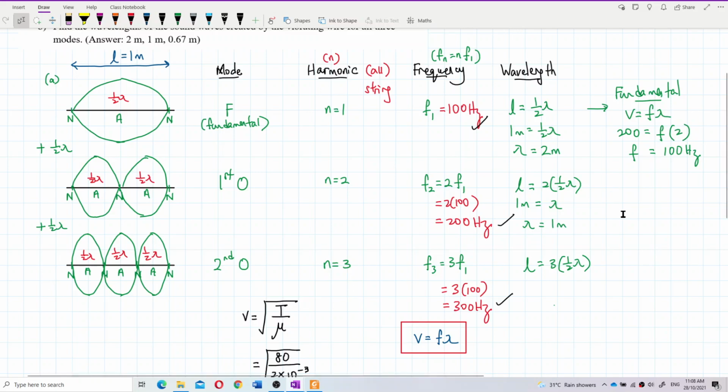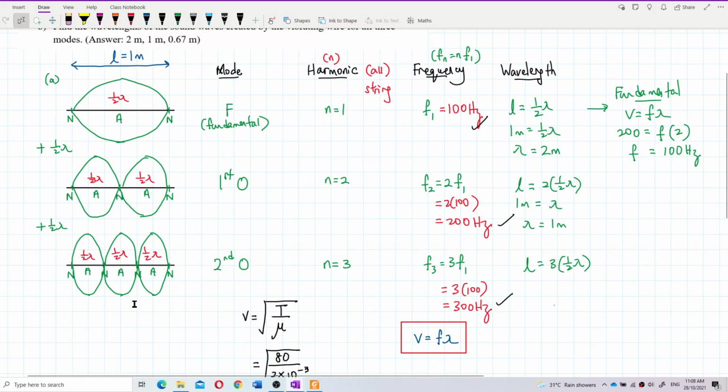For the second harmonic, the wavelength is 1 meter. Last time, the first harmonic wavelength was 2 meters. Now it becomes 1 meter.